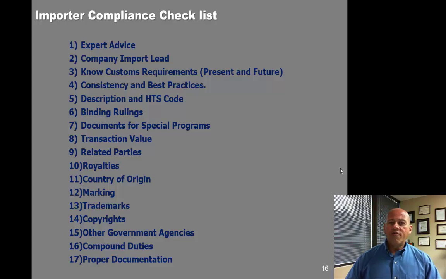So going over a final checklist, if you're going to be an importer into the U.S., it's very important to seek expert advice. So expert advice can come from your freight forwarder, primarily your customs broker. On more complex issues, you may seek the advice of a trade attorney. You may talk directly to customs on certain issues, but it's very important to get expert advice.